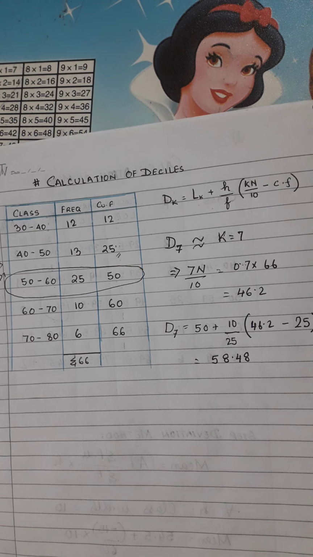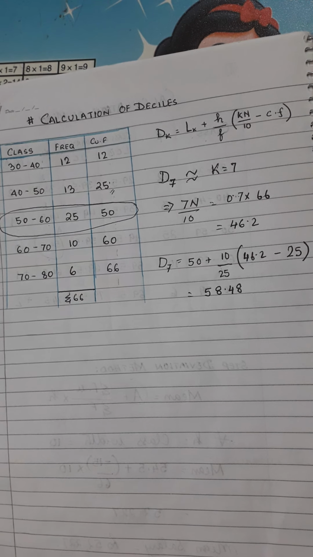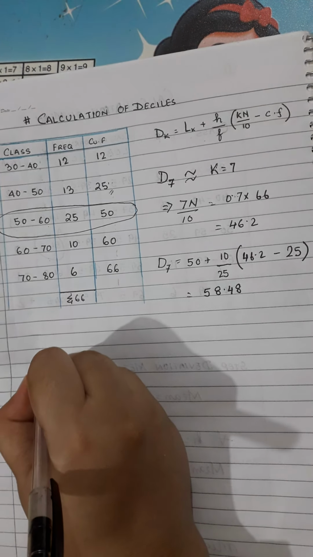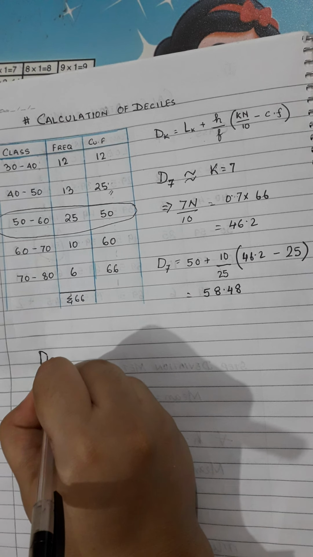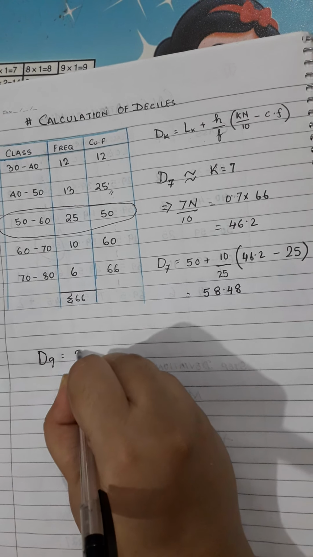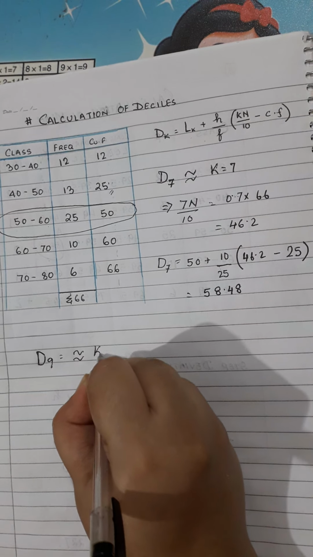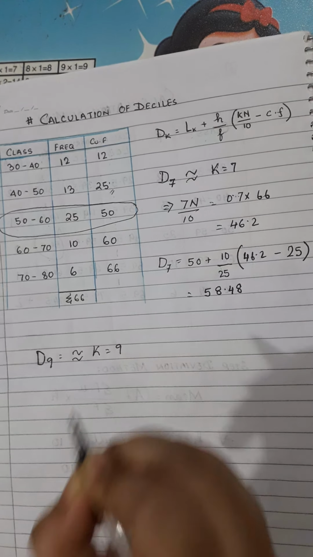Now suppose we want to find the 9th decile. What will be the value of K? K will be 9.